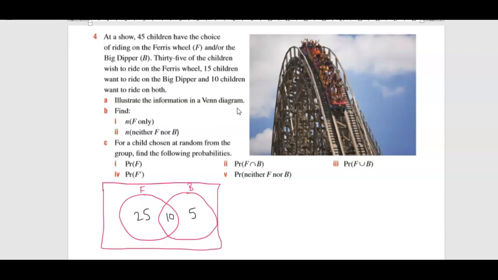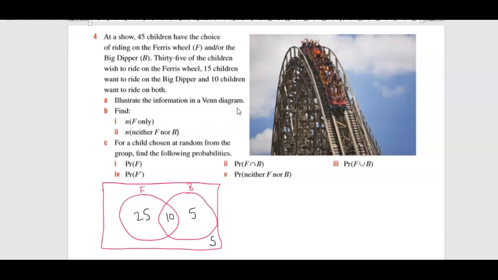Now we have 45 children all together, and I've only got 40 represented, so that means 5 don't want to ride on either. And I just looked over to the question, and I think the answer in the book is wrong. So that should be a 5.